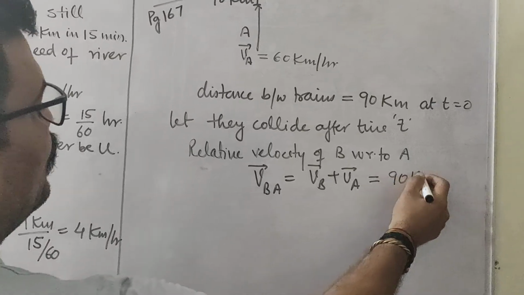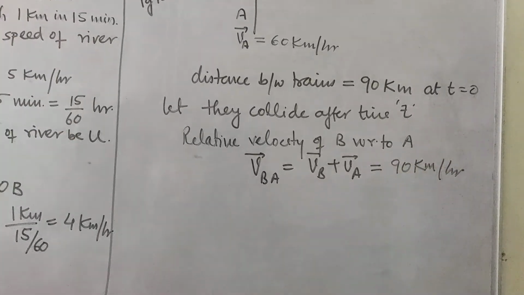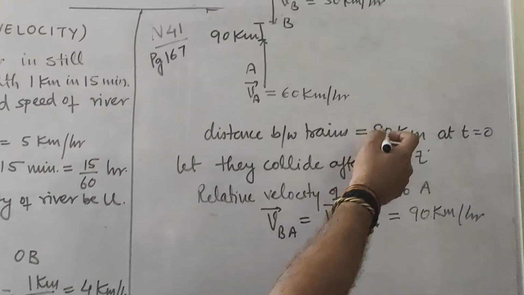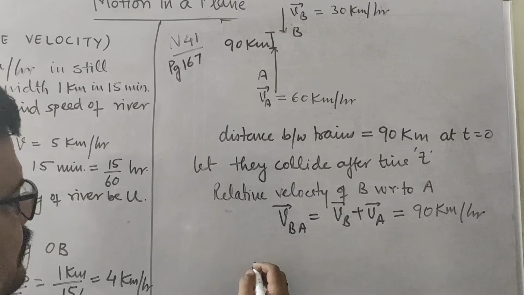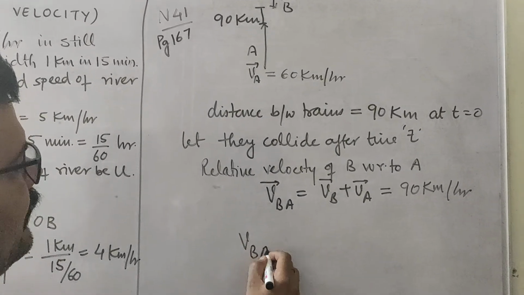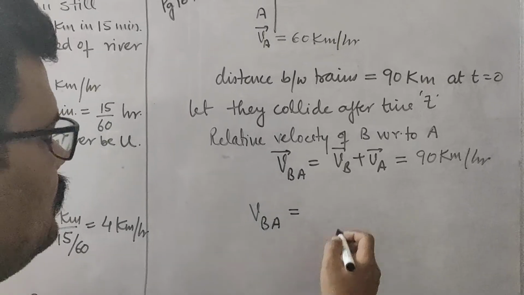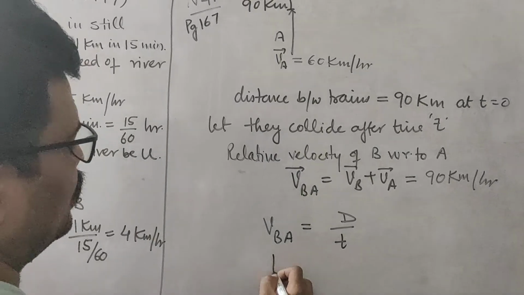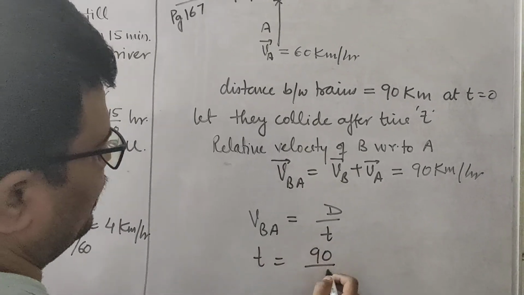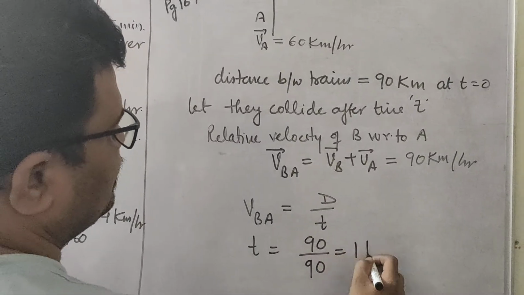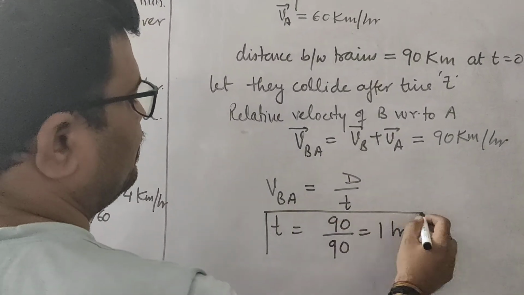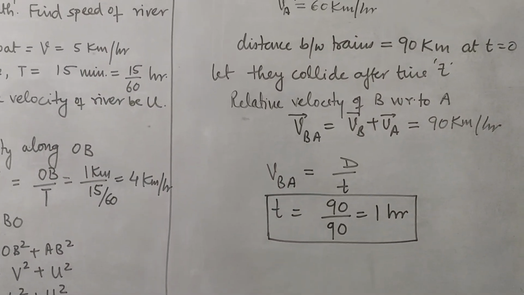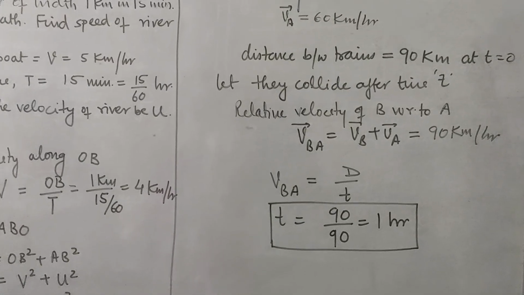So it is 90 kilometer per hour. As the relative velocity is 90 kilometer per hour, the distance traveled is 90 kilometer. So VBA is equal to distance upon time. So time is equal to distance upon relative velocity. So it is after 1 hour they will collide. After 1 hour they will collide with each other. This is numerical number 41.